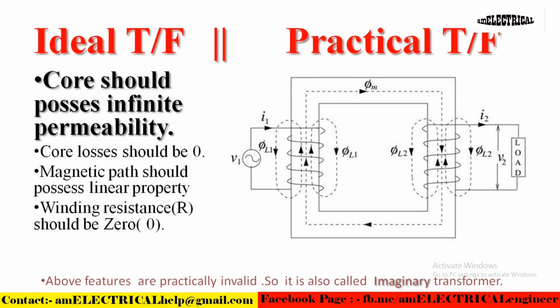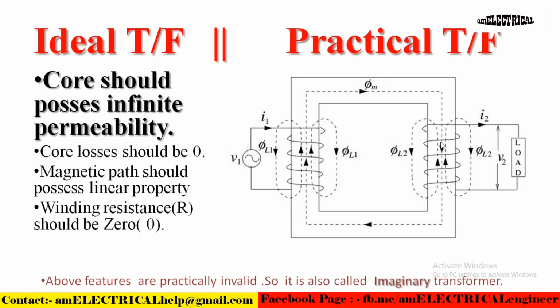The first point we discussed in the properties of the ideal transformer is that the core should possess infinite permeability. Mu, or permeability, is the property of the core material. This first property is invalid in a practical transformer because there must be some leakage flux, which is phi L1 and phi L2.